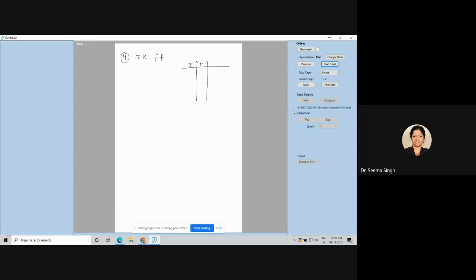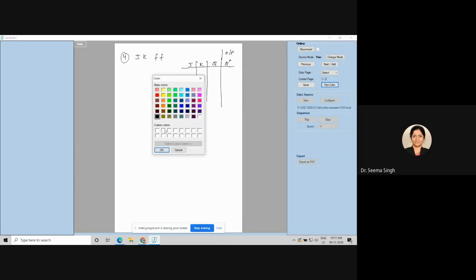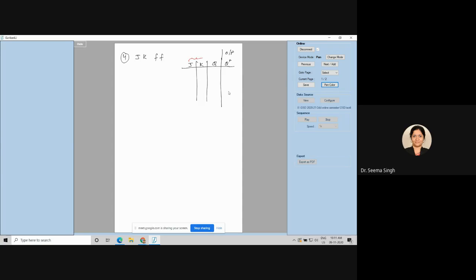It is J, K, Q and Q plus, right? So these are all inputs and this is your output. All of you do it, you need not wait for me.